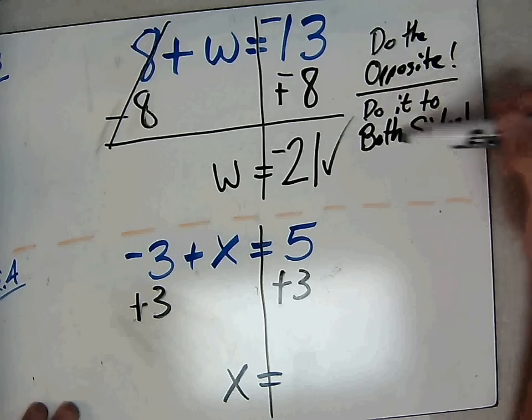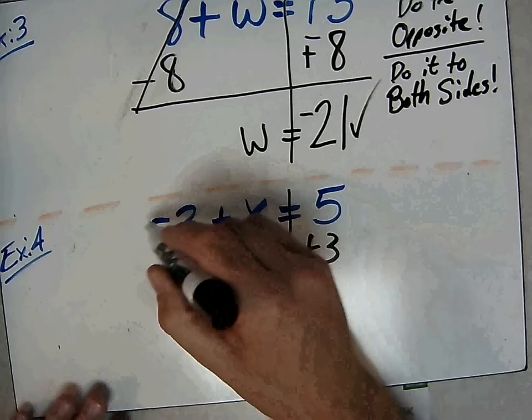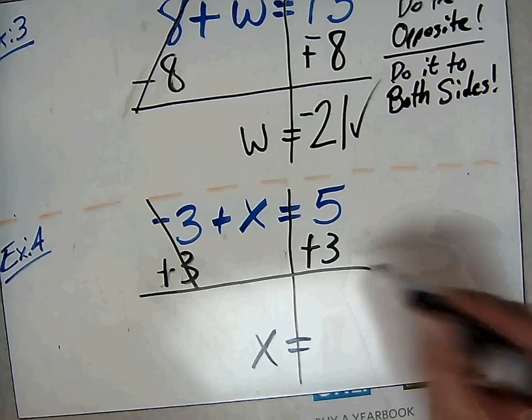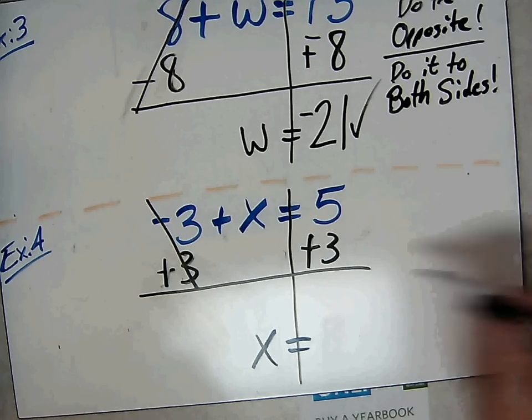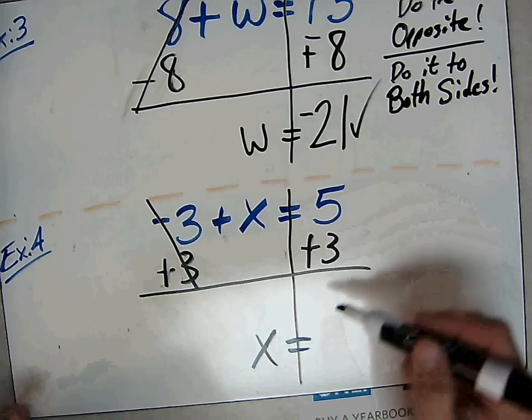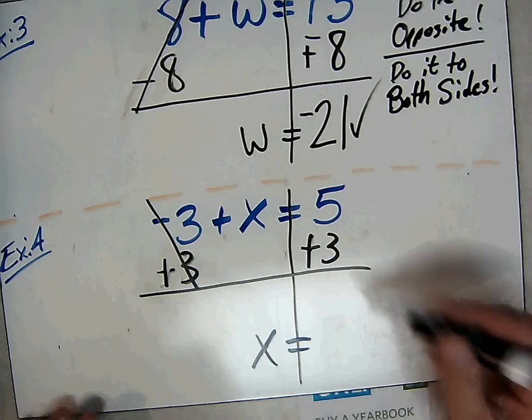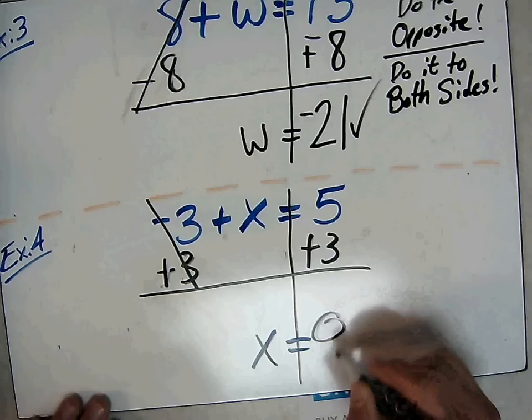Negative 3 and positive 3, opposites cancel out. Draw your equals line. X comes down, and it's positive x, which is just x. You can't have negative x, so positive x is fine. 5 plus 3 is 8.